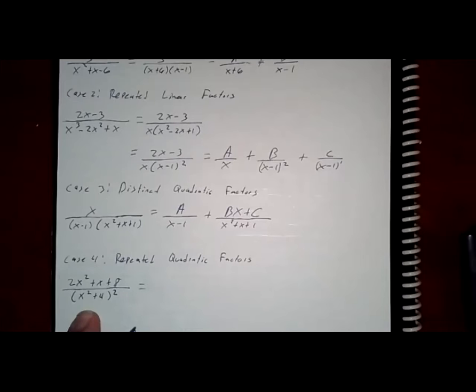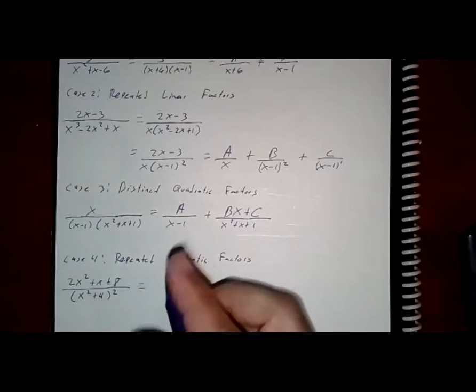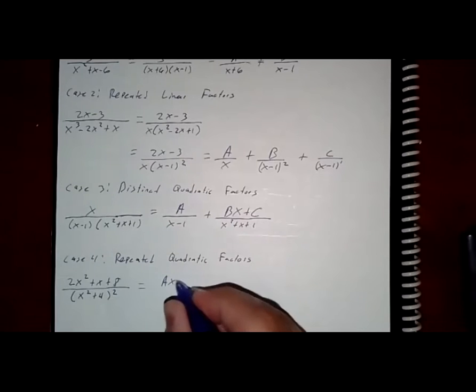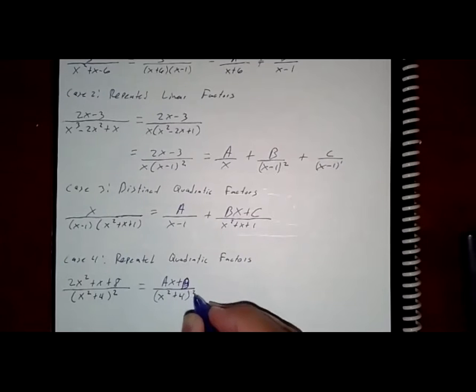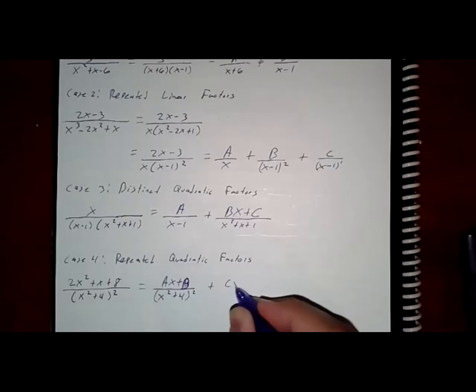Notice how this cannot be factored and there's 2 of them, right? So you're going to do Ax plus B over x squared plus 4 squared plus Cx.